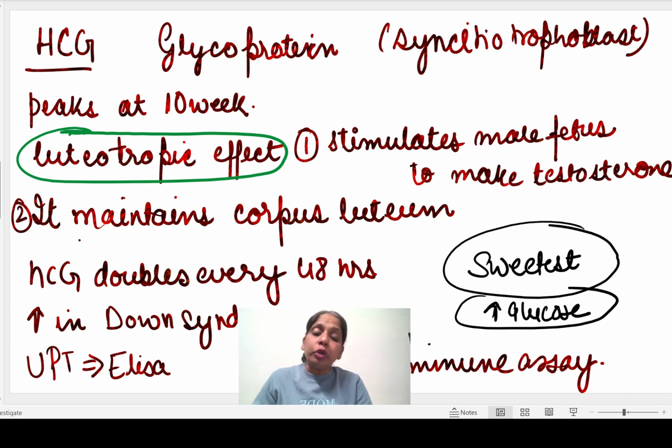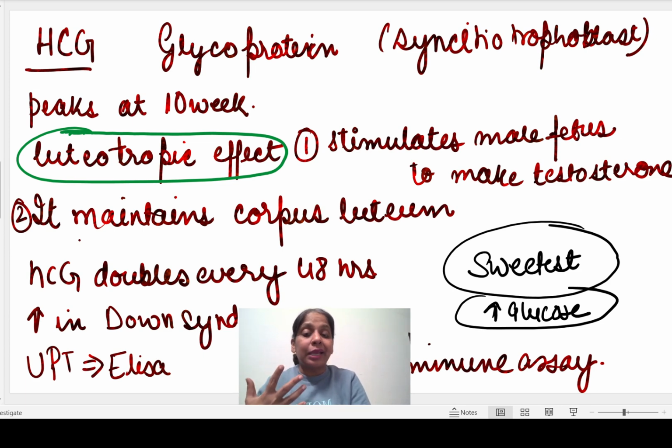It has luteotropic effect, that is, its effect is similar to LH, because HCG has two subunits, alpha subunit and beta subunit. Beta subunit of HCG and LH is the same, and also the alpha subunit is similar to a great extent, not totally similar. So HCG functions like LH. So that is why HCG has luteotropic effect.